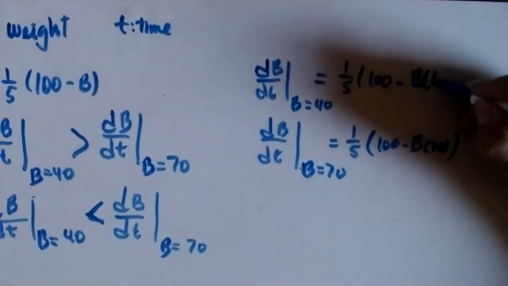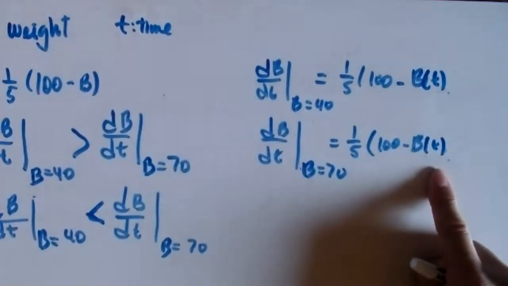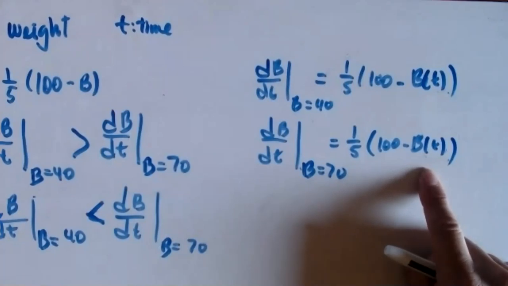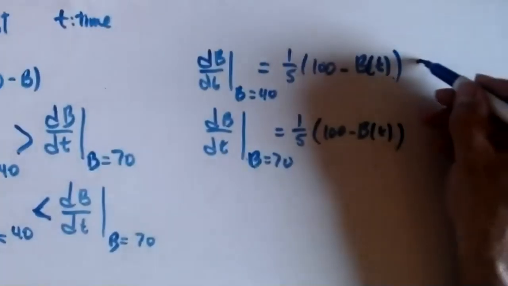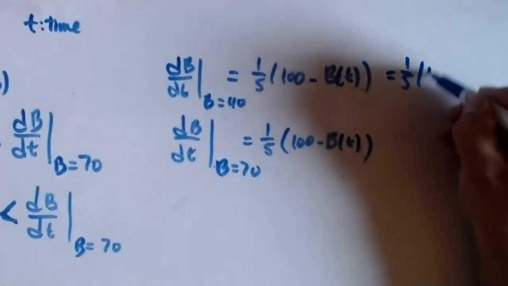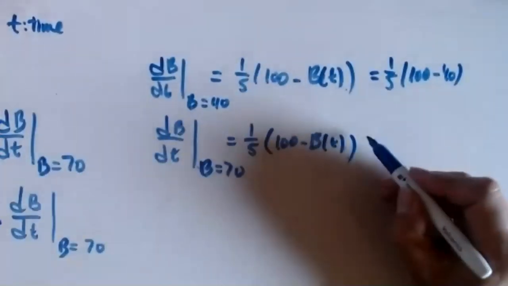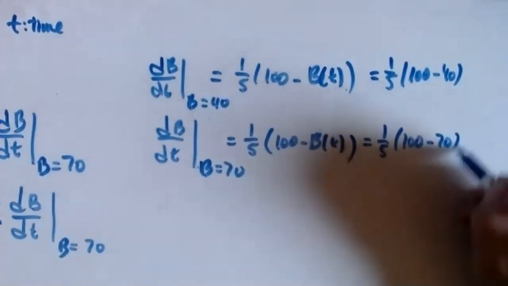This is B of t and this is B of t, correct? I don't know exactly at what time this bird is going to be 70 or 40, but I know that this is 40 and this is 70. So if you evaluate, you get 1/5 (100 minus 40) and 1/5 (100 minus 70).